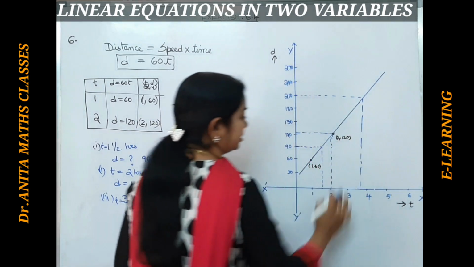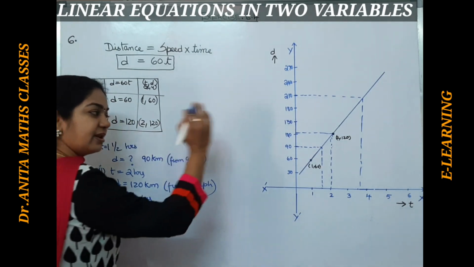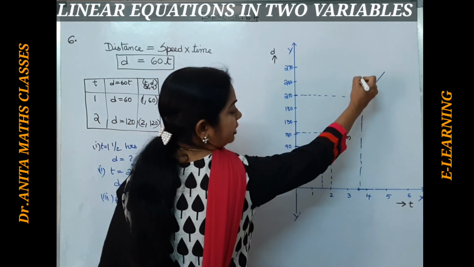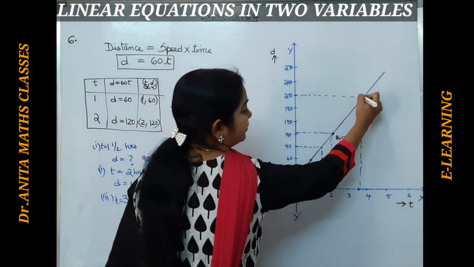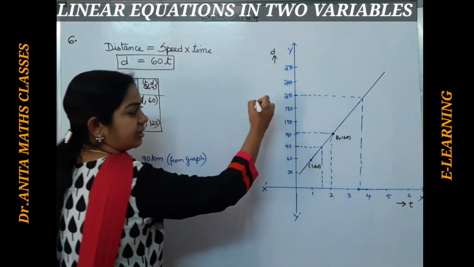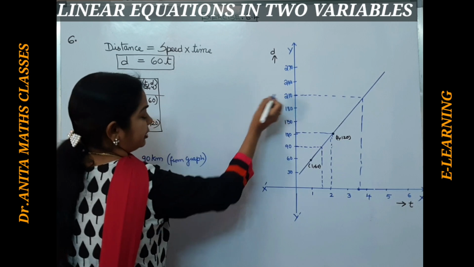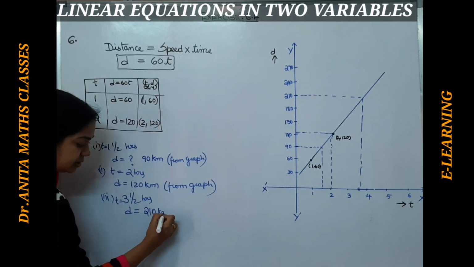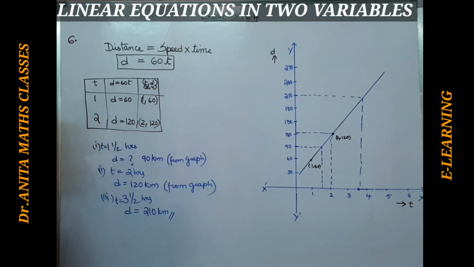This is not exact to the scale, but on graph sheet if you draw you will get it. From 3.5 if you start drawing the dotted lines, it will cut the graph at some point. From there if you draw dotted lines, it will touch y at 210. So the distance is 210 kilometers. So we could easily find it from the graph.